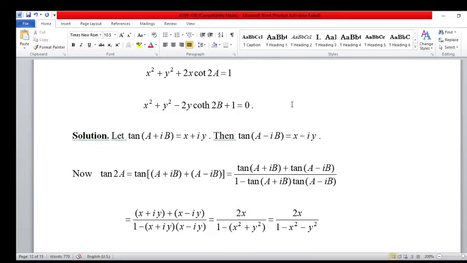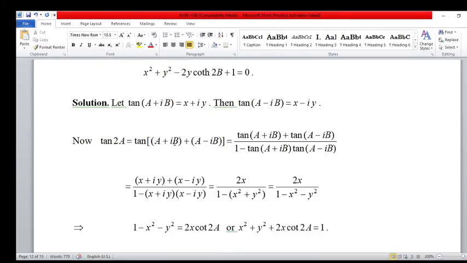Again we have seen in second method, so that second method apply here. Tan twice a is equal to, we can write tan twice a is equal to tan a plus ib plus tan a minus ib. Here tan a plus b formula again apply here, tan a plus tan b upon 1 minus tan a tan b. Substitute the value of tan a plus ib is equal to x plus iy, and here minus x minus iy upon 1 minus x plus iy into x minus iy.